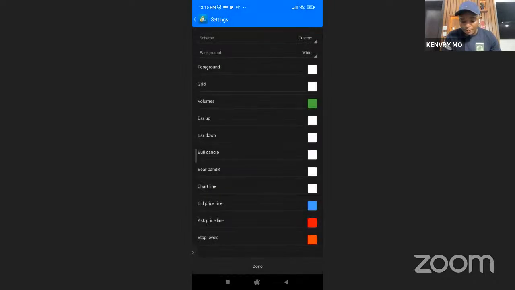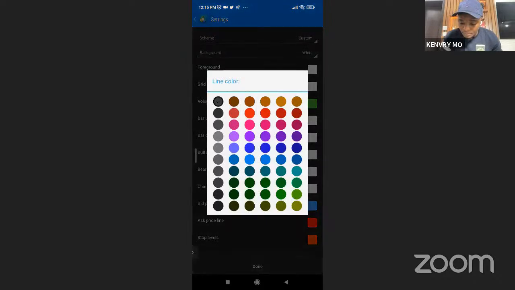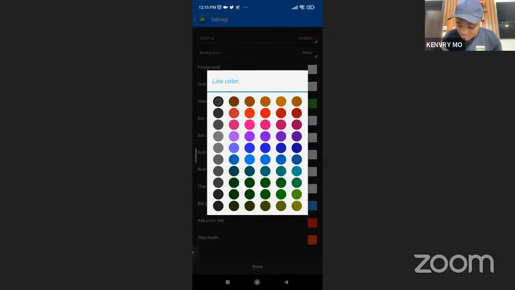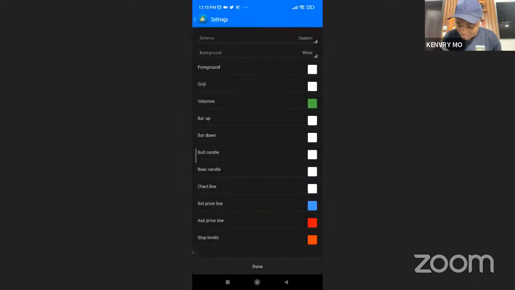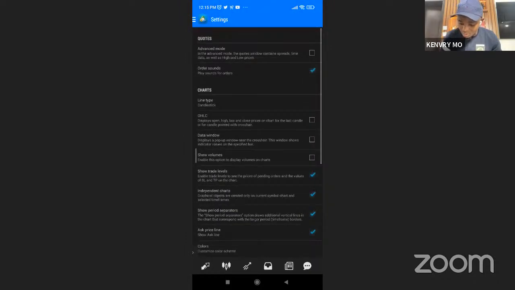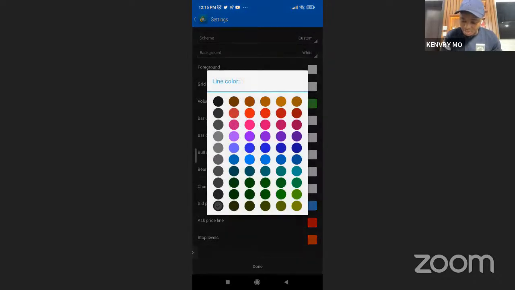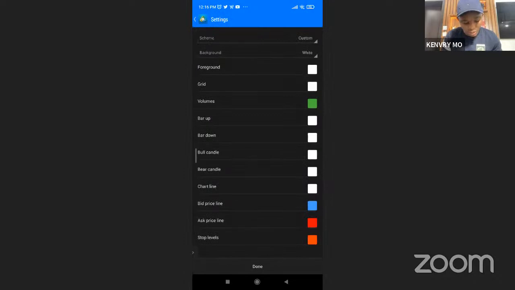It has not changed. Okay, I need to click. Skin custom background, foreground white, grid is not changing. Okay, maybe after volume.